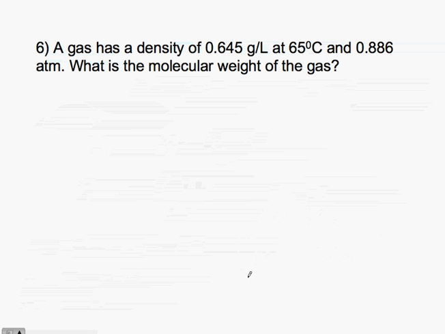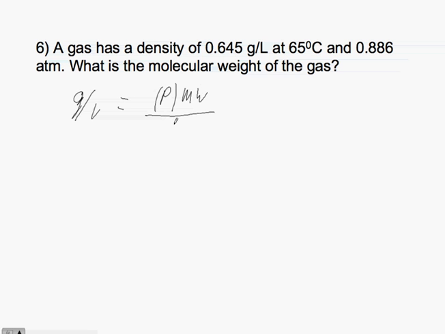So here we're going backwards. We already defined what density was in our last problem. So we had density equal to grams per volume, which is equal to the pressure times the molecular weight over the ideal gas law constant times T. In this instance, we're already told the density.